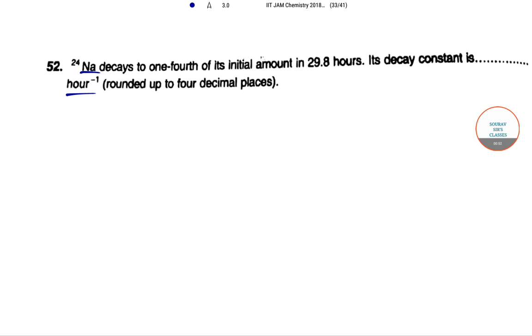sodium decaying. So basically we all know that for decay reactions, each and every one of them follows first order kinetics.